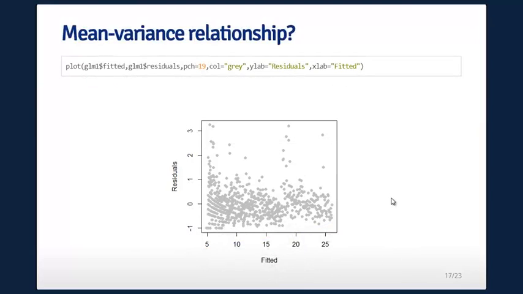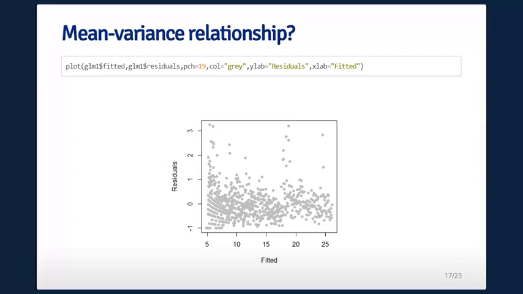A very common way in statistics to account for some amount of model misspecification, even though you feel like you've got the mean model correct, is to use these so-called robust standard errors.